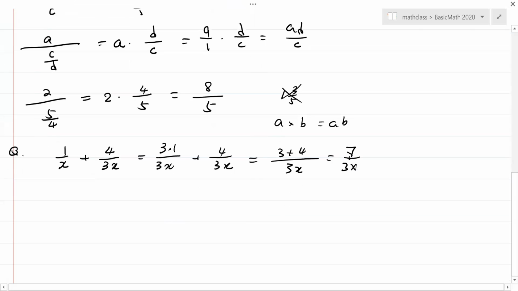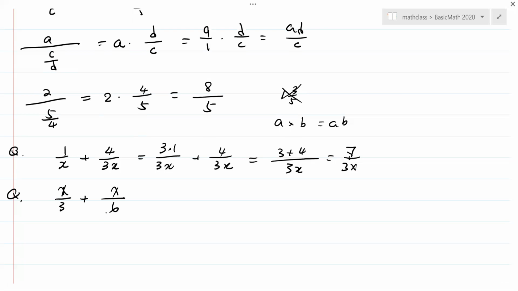This is the first. And second, if we have x over 3 and x over 6, these are two fractions, right? X over 3 plus x over 6. We have to make a common denominator. I did not use the formula, because otherwise you make the denominator much larger.